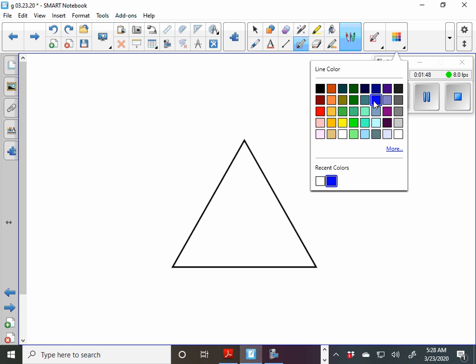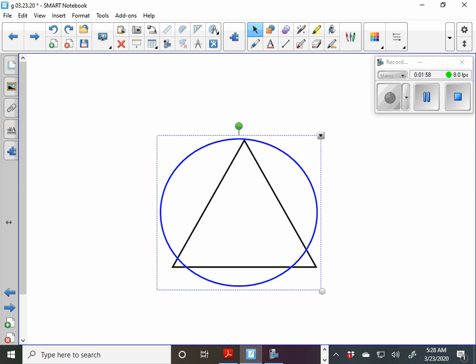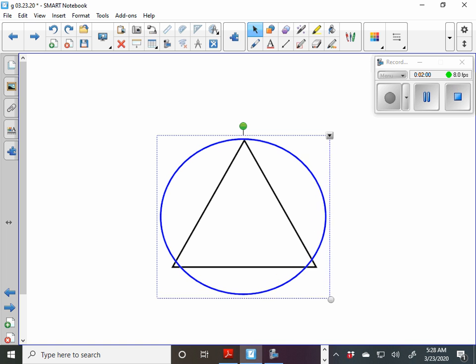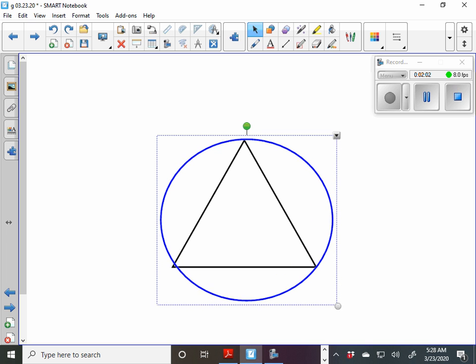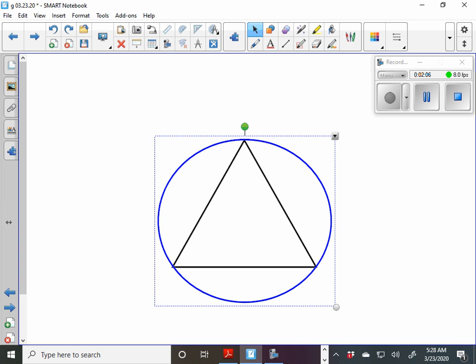Now, if I were to take this equilateral triangle and draw a circle right around it, that touches each of the angles there, we now have a circumscribed triangle.